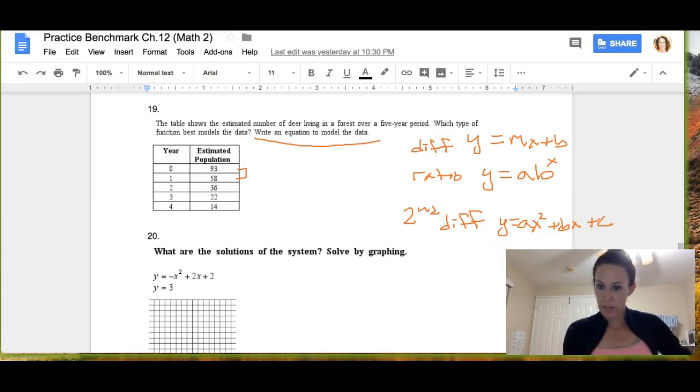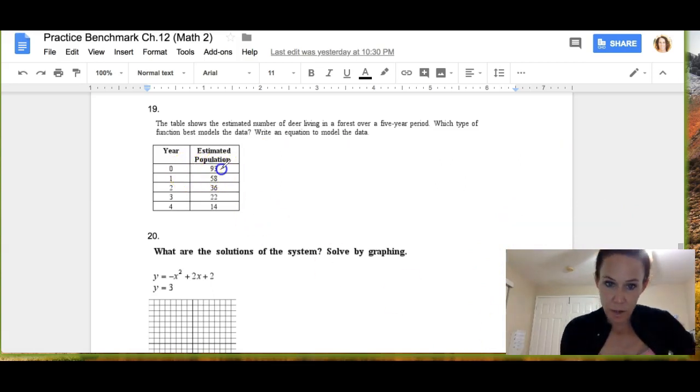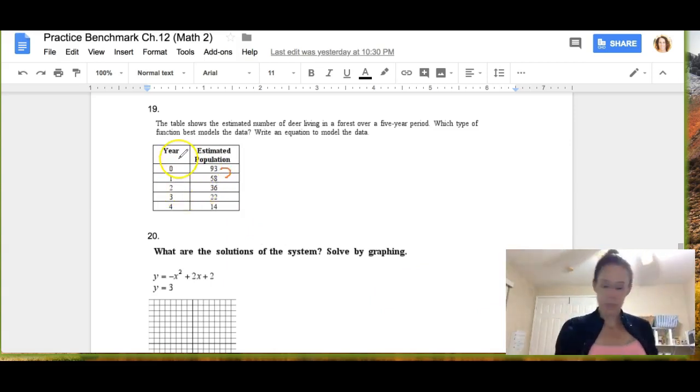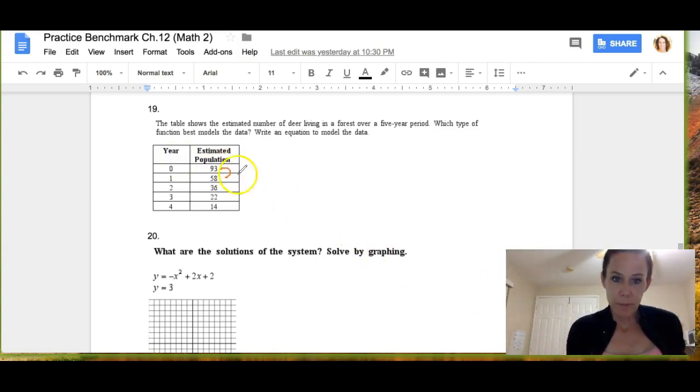So let's check and see what we have here. Let's check our differences first, because linears are easiest, right? If I go 93 and subtract off 58, to get from here to here, I would minus 35. To get from 58 to 36, I minus 22.